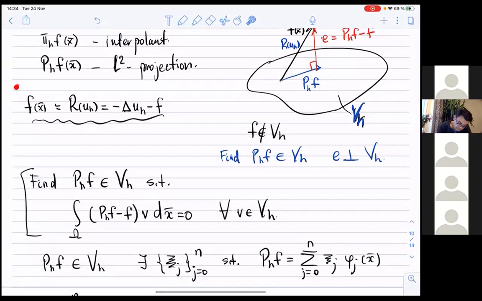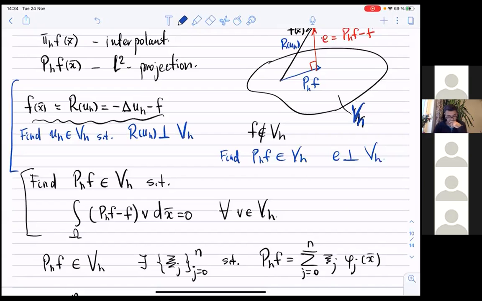I want to mention here that it's not the right way of writing. Let me just write first, then I will say. So we want to find UH from VH such that this residual of UH is orthogonal to the finite element space. So now it's not equal to that, but there is something else equal to that.